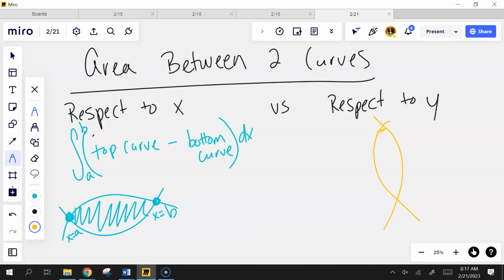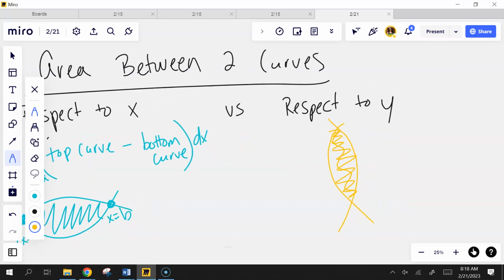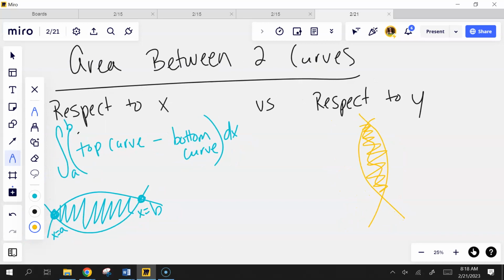For whatever reason, this is the area that I'm trying to find. I don't really have a top curve and a bottom curve now, right? But I can do this with respect to y. So in other words, instead of these equations being y equals blah, blah, blah x, over here I solve them for x instead of y. So x equals blah, blah, blah, whatever y.